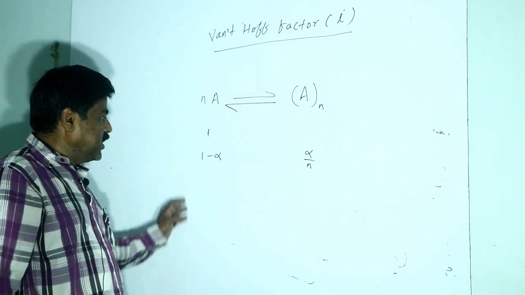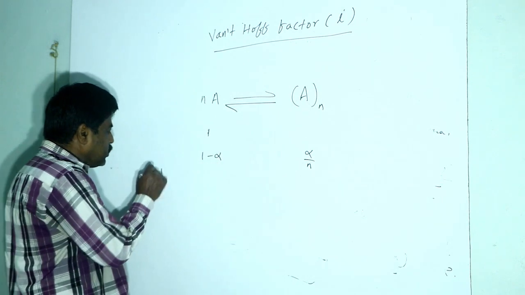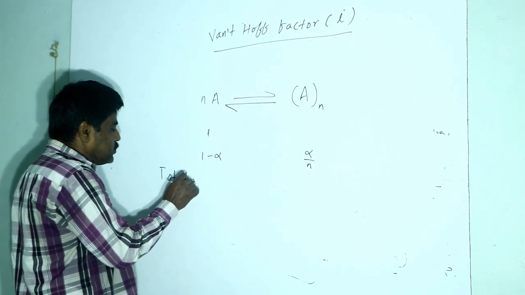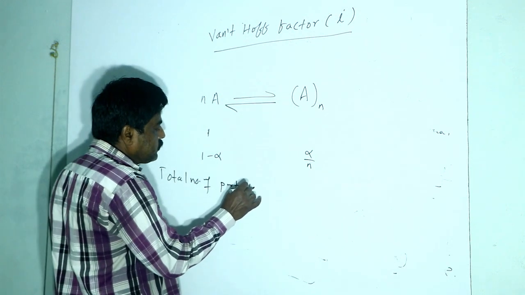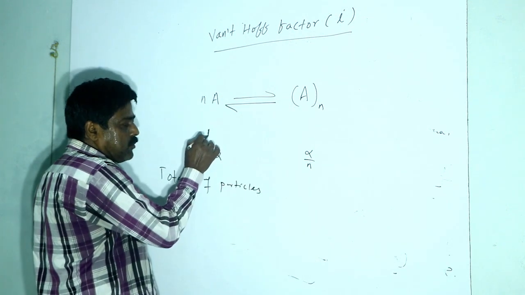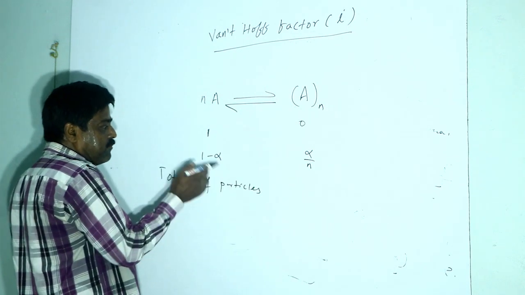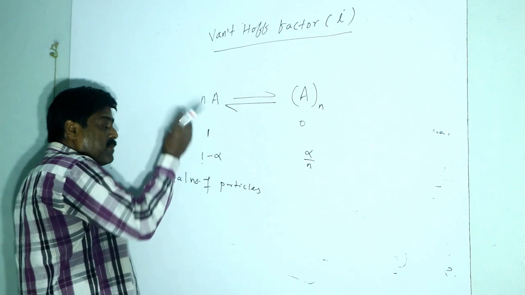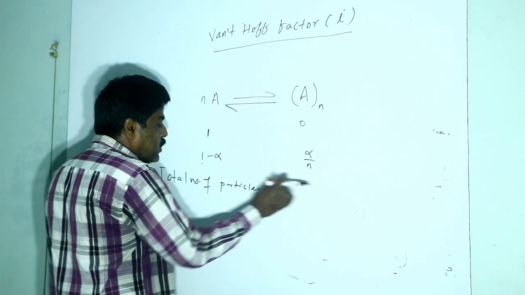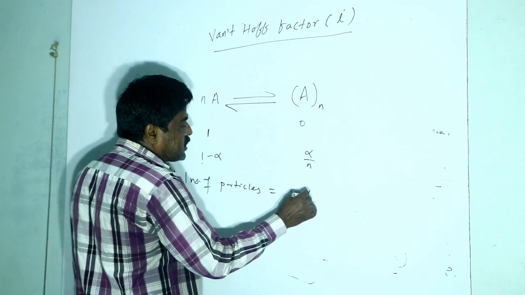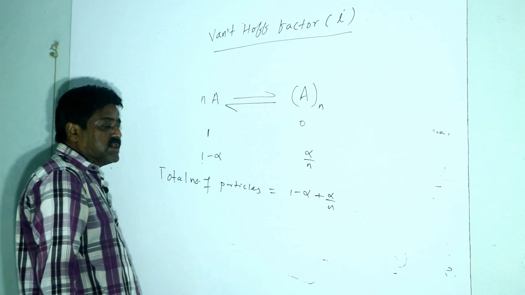Here the total number of particles present in the solution: at first 1 mole is taken, so initially the associated form is 0. It remains 1 minus alpha, and the associated molecules are alpha by n. So the total number of particles is 1 minus alpha plus alpha by n. This is the total number of particles present in solution.